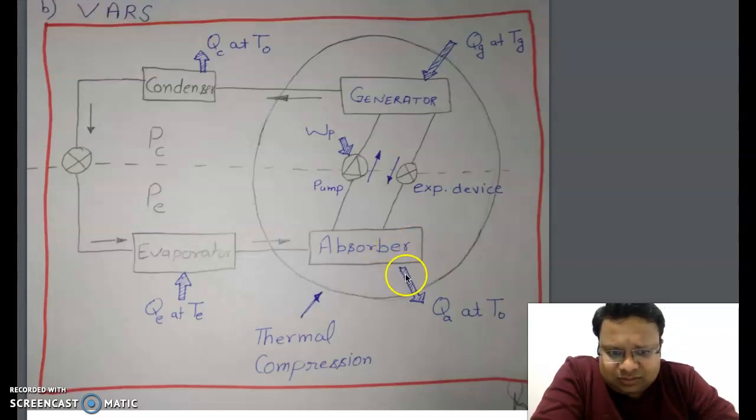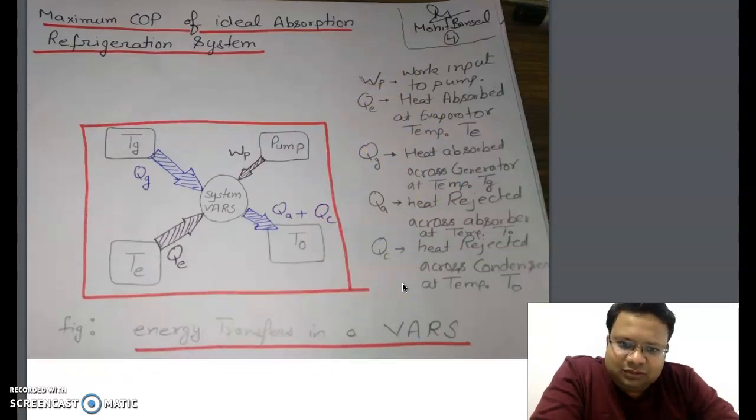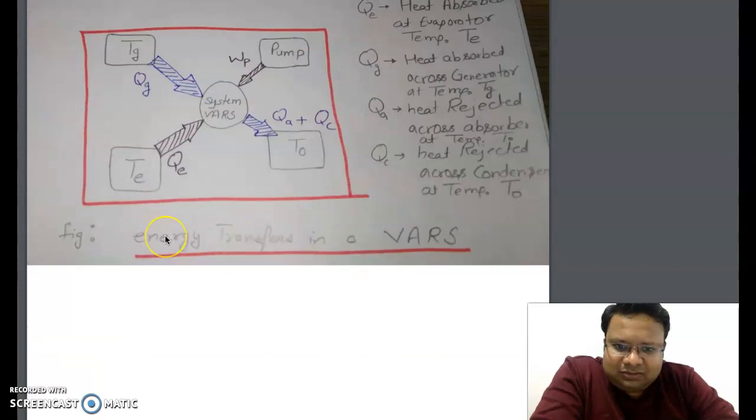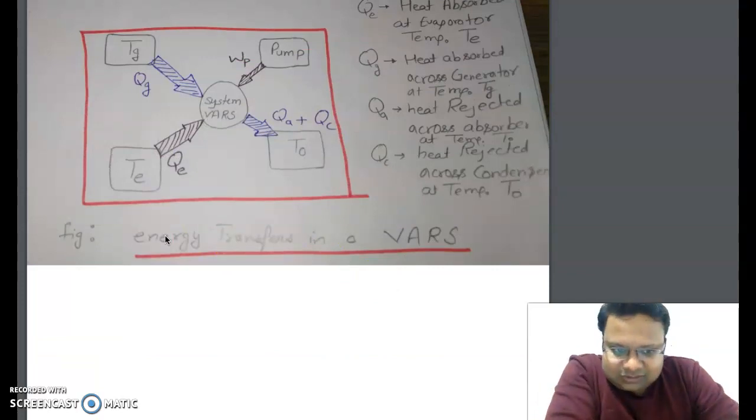So in the absorber, the heat rejection to the atmosphere is QA at temperature TO. So this is the diagram. Very carefully read these QE, QG, QA and QC. This diagram states the energy transfer in a vapor absorption refrigeration system.